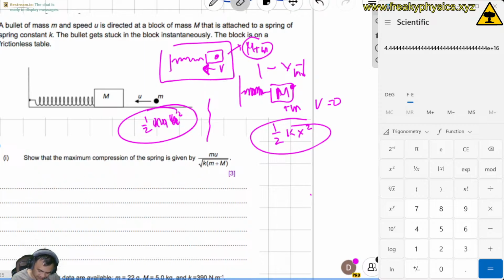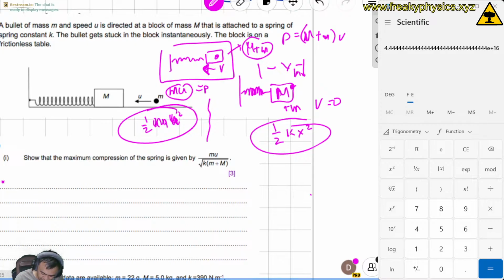Okay, so that's why it's 3 steps. Let's erase everything again. The idea now is we're going to start with this and this. This has a momentum mu. So our momentum on this step is going to be m plus m times v. So we can now say what v is.